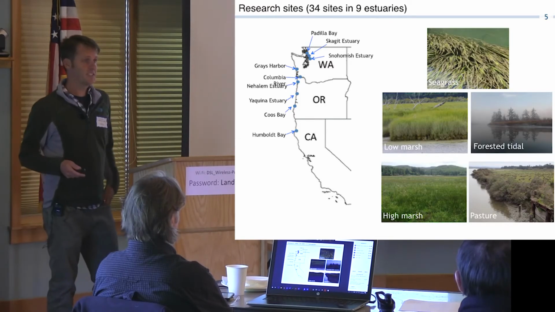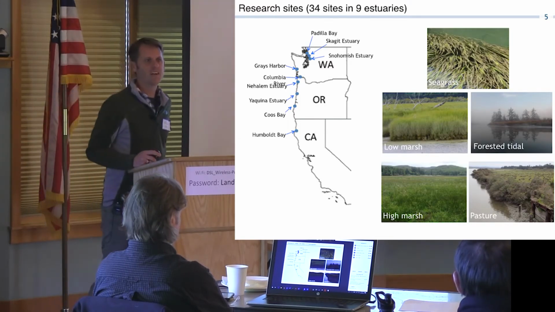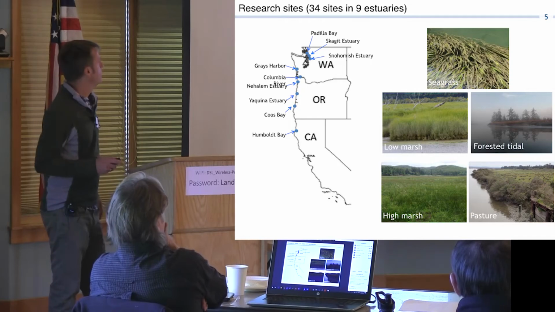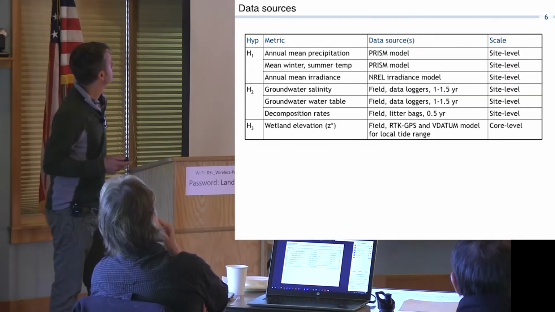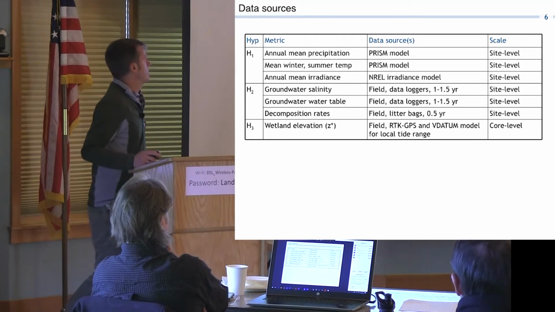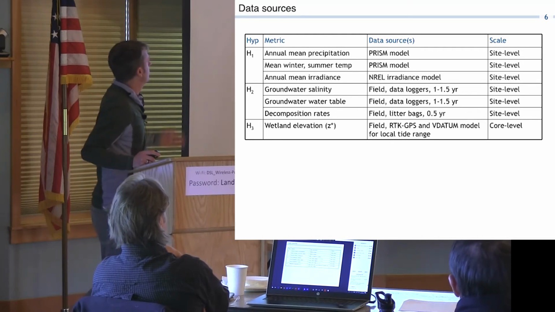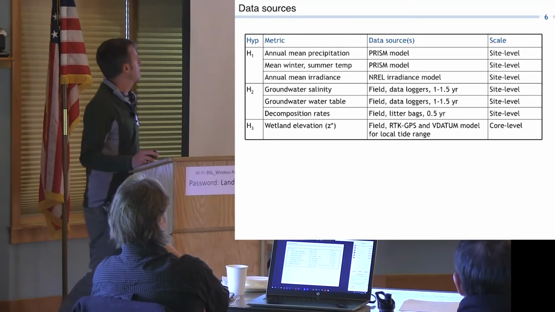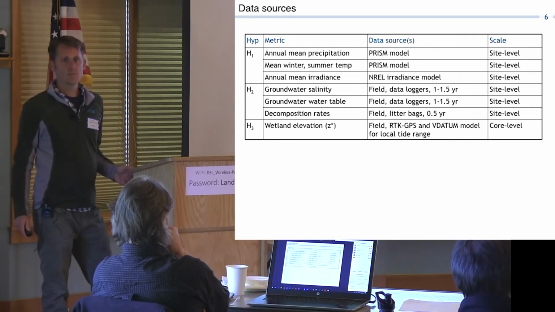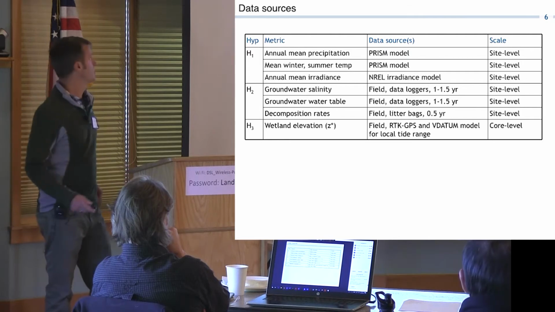So these are our research sites, different maps, same sites, 34 distributed from Northern California to Northern Washington. And we sampled these 5 major habitat types. These are the sources of the data we use to test these hypotheses. So for our climate variables, hypothesis 1, we obtained annual mean precipitation data and temperature data from the Oregon State University PRISM model.